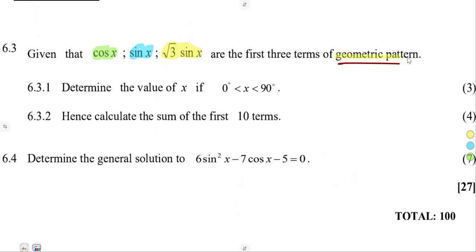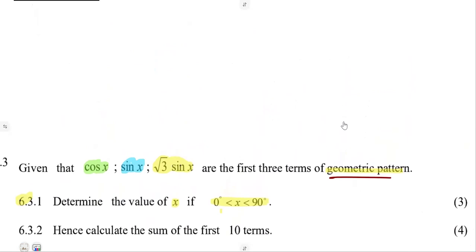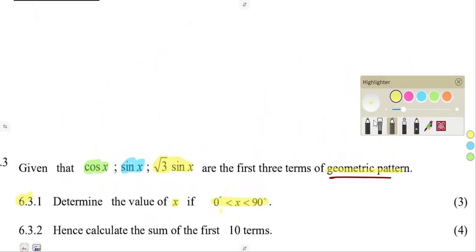They form a geometric pattern. Determine in 6.3.1 the value of x, if x is to be taken within this interval from 0 to 90 degrees, guys, that's in the first quadrant, remember. So there's no need for you to use even general solutions, because that's from 0 to 90.